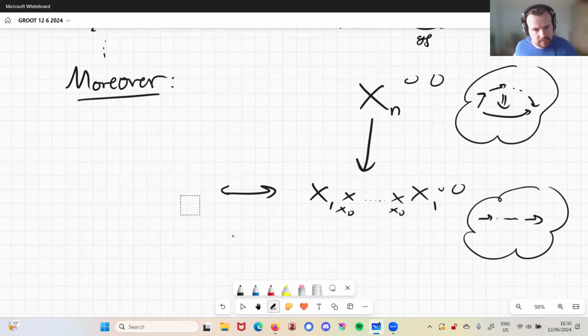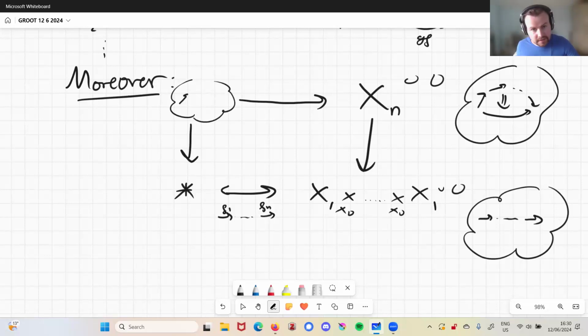This is a singleton, just a star. And this picks out a chain, f1 to fn. Let's look at the pullback, the fiber over this chain. This space we see as the infinity n minus 1 category of composites of f1, f2, all the way up to fn, just all the possible composites. What we want is that this thing is contractible.